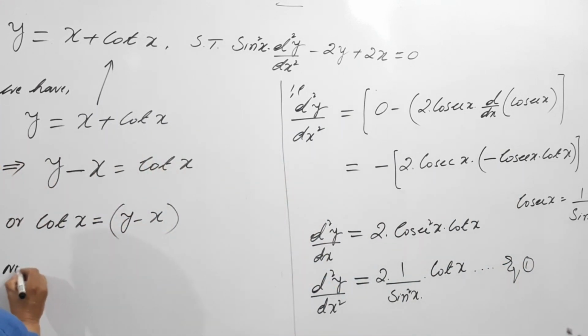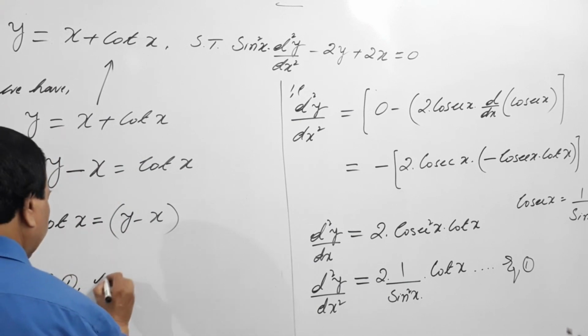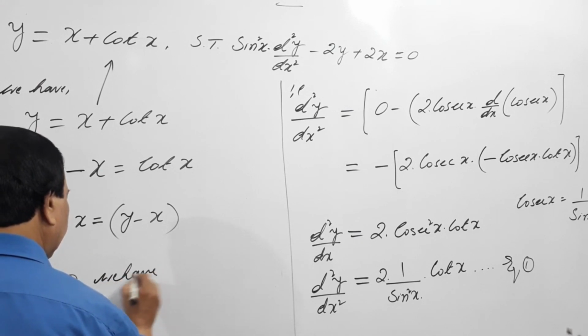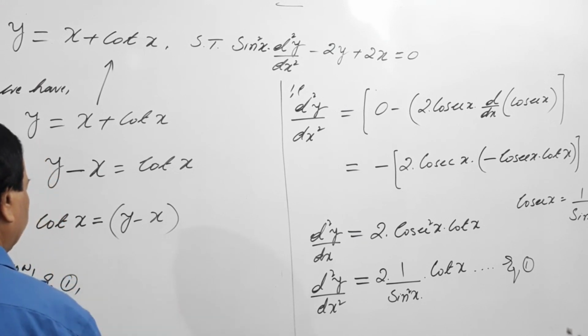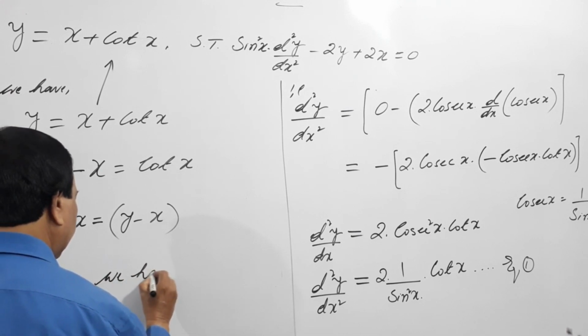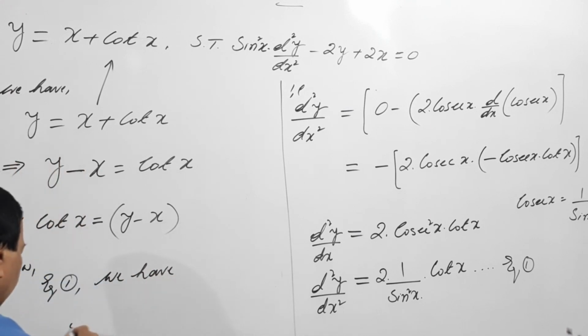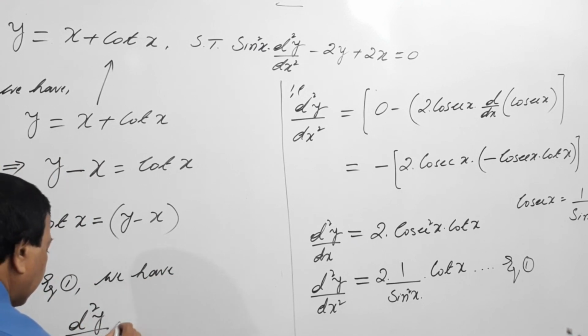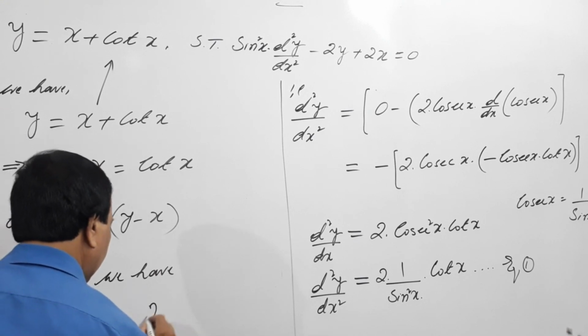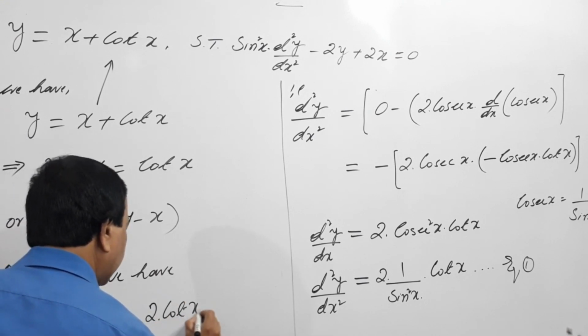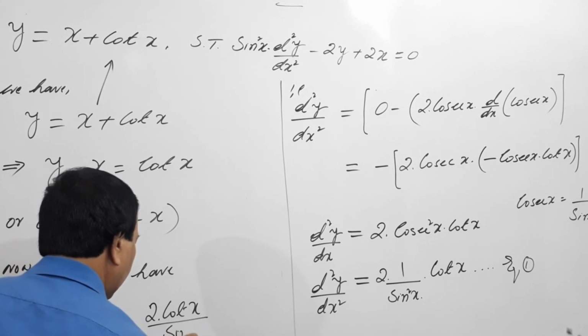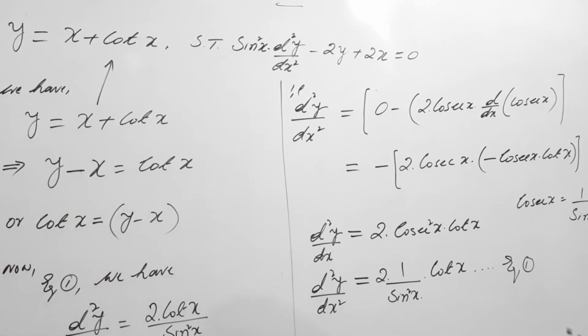Now in equation 1, we have d square y by dx square equals 2 cot x by sin square x. But what is cot x? Cot x is y minus x.